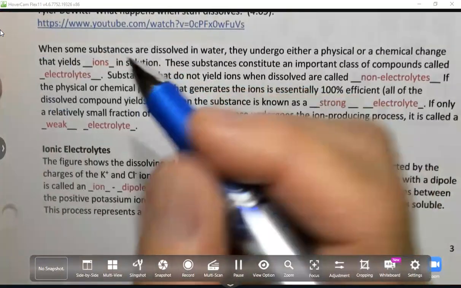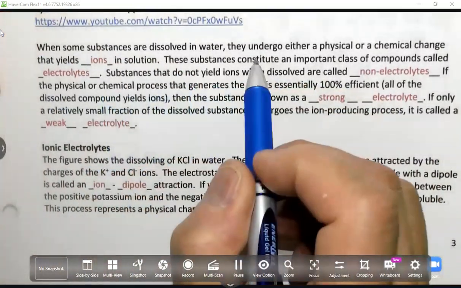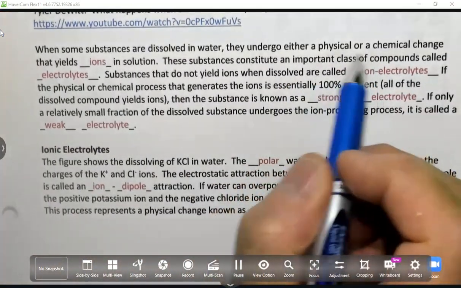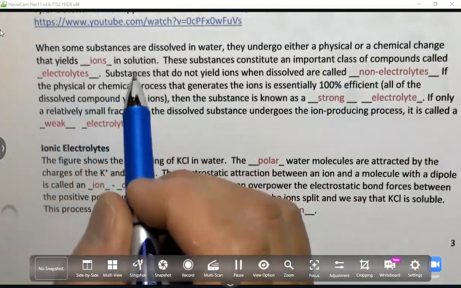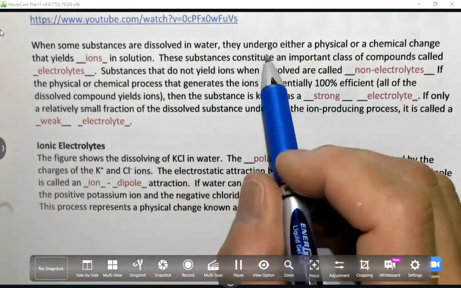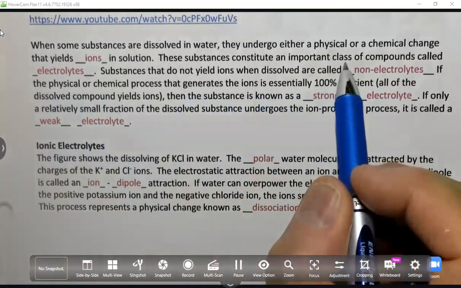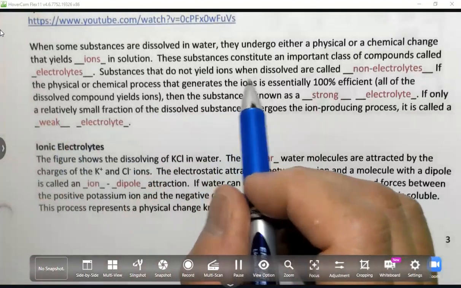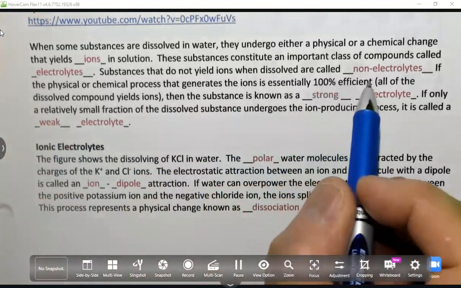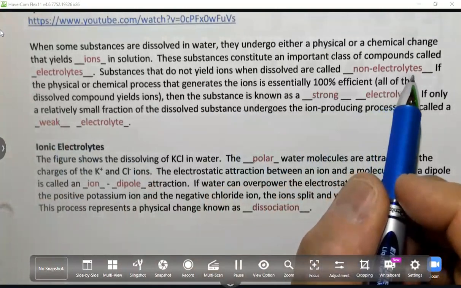When substances are dissolved in water, they undergo either a physical or chemical change that yields ions in solution. These substances constitute an important class of compounds called electrolytes. Substances that do not yield ions when dissolved are called non-electrolytes.